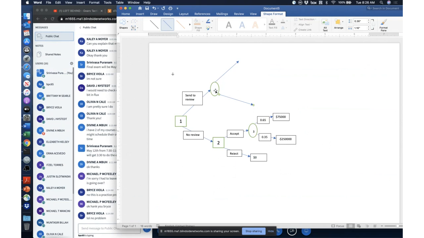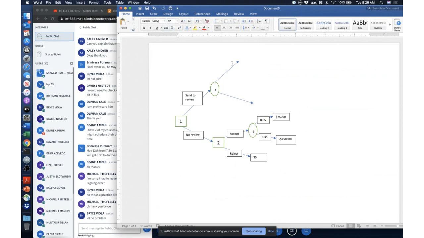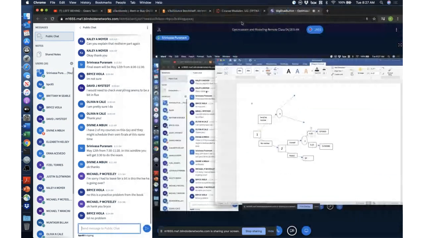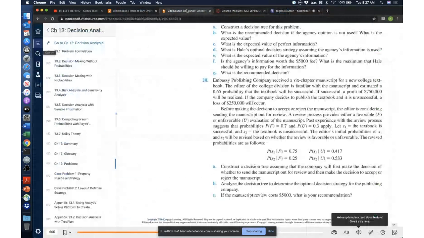Now here, you send the manuscript out to review. You ask a person to review the manuscript for you, and they will either say that the manuscript is good or bad. So the result is either going to be favorable or unfavorable. If I remember correctly, the probabilities for these are 70 and 30. There's a 70% chance that the review is favorable, and a 30% chance that it will be unfavorable.